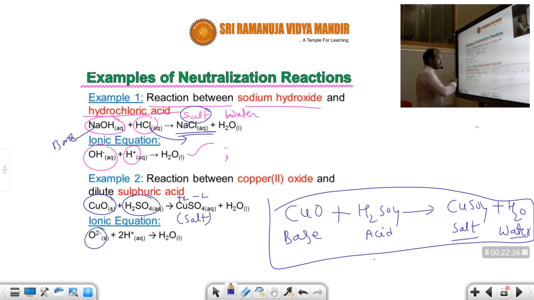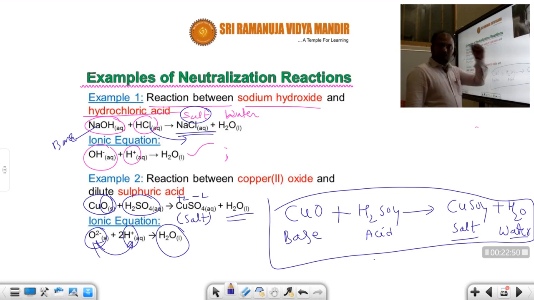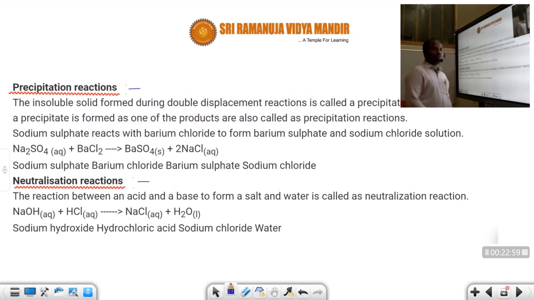So here copper oxide releases O minus 2 ions. Here H2SO4 releases H plus ions. That's why water will be formed here. This H plus and O minus 2 ions combine with each other. H2O has neither acidic nature nor basic nature. This is a neutral compound. So neutral nature will be formed. That's why this reaction is called a neutralization reaction.